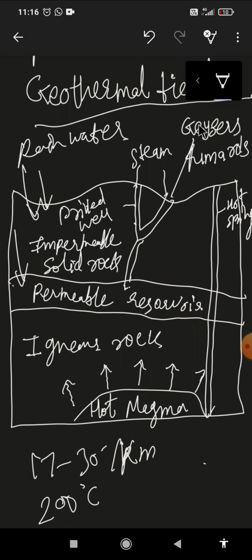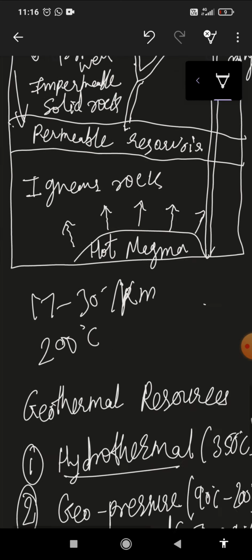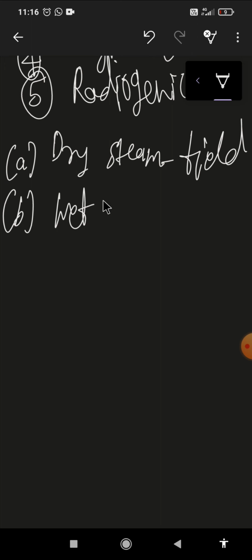Hydrothermal resources can be further classified into two categories: first, a dry steam field, and second, a wet steam field.